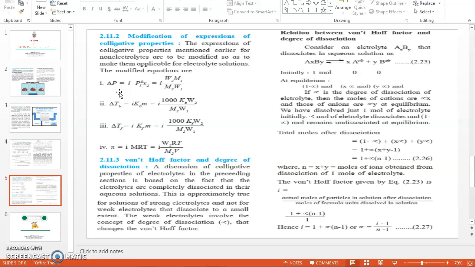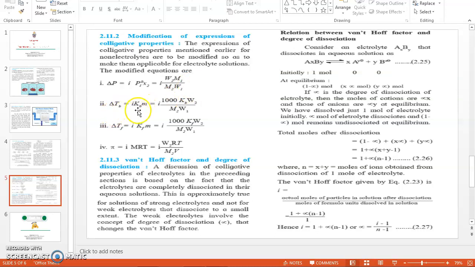So we know that delta P is the lowering of the vapor pressure, which is equal to i P0 x2, and we have seen this expression: W2 into M1 divided by M2 into W1.